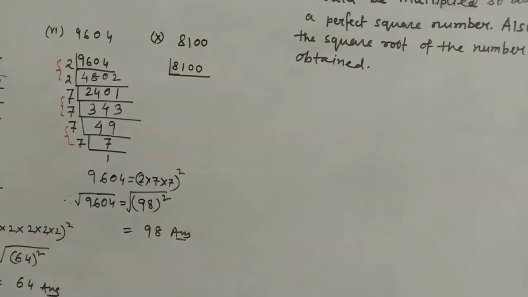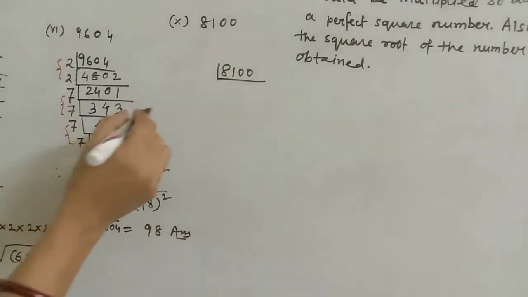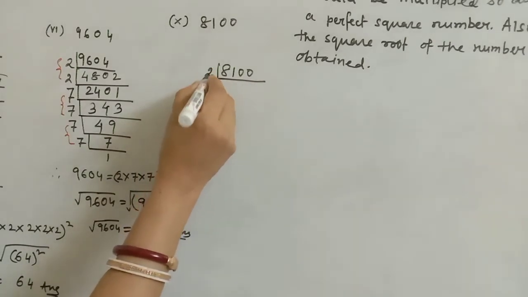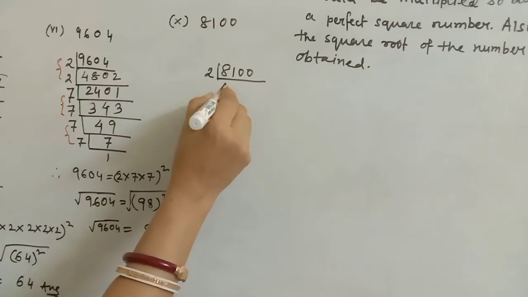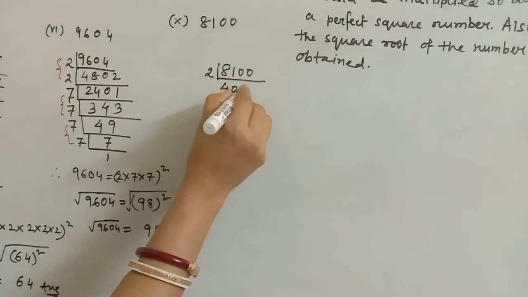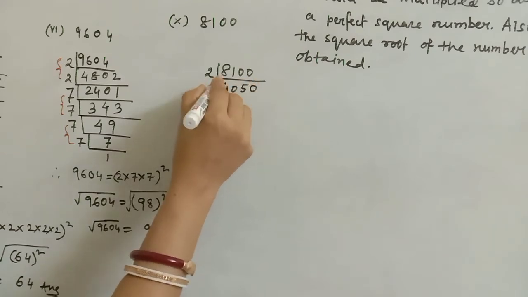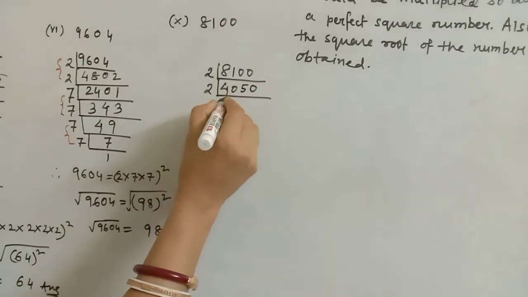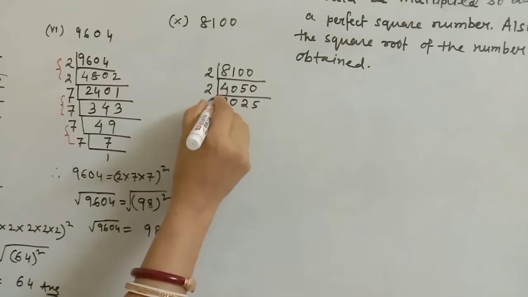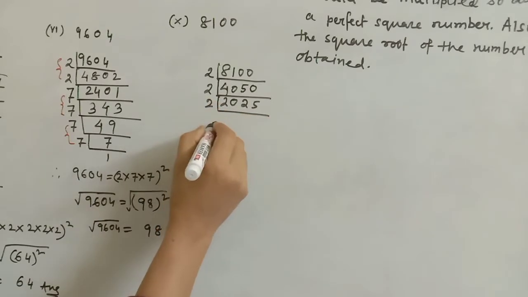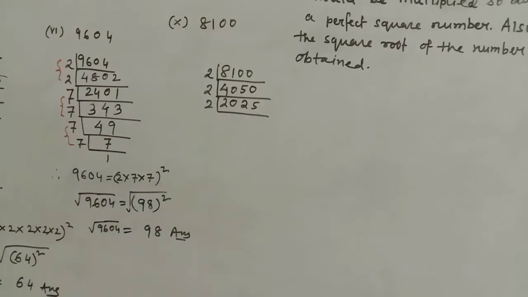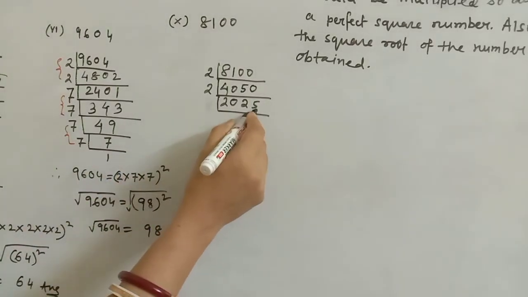Next number is 8100. Even number, so you can start by 2 and it will be 4050. Again by 2, 2025. You can't divide by 2 now, as 5 is at the unit place.